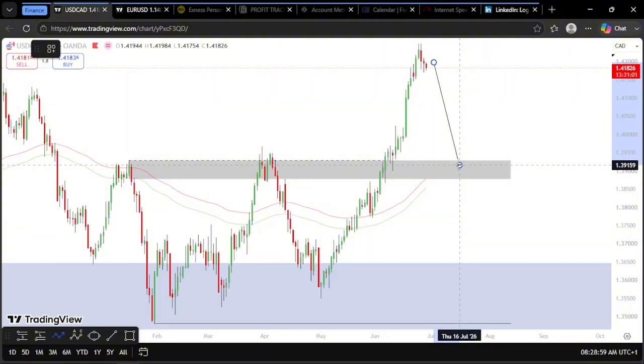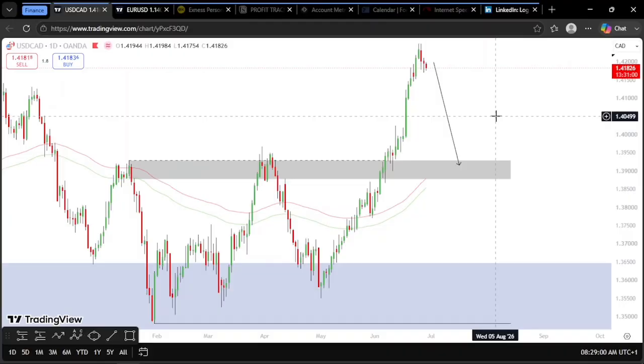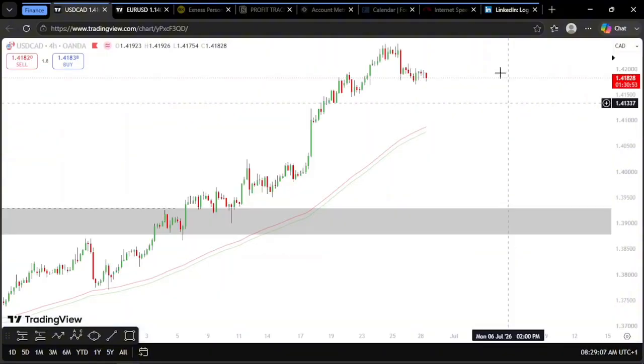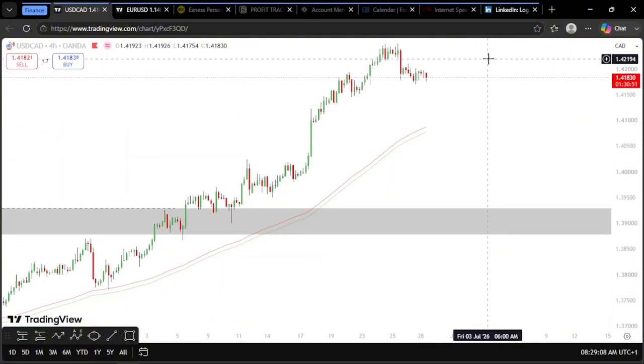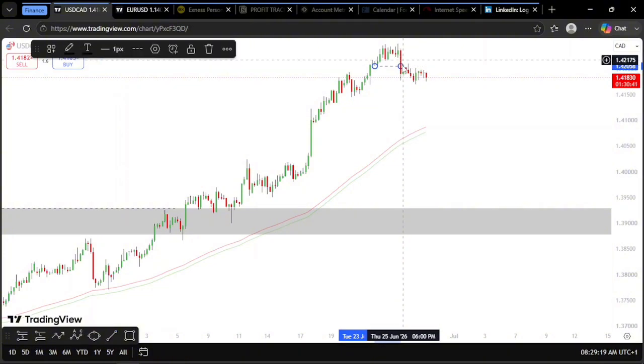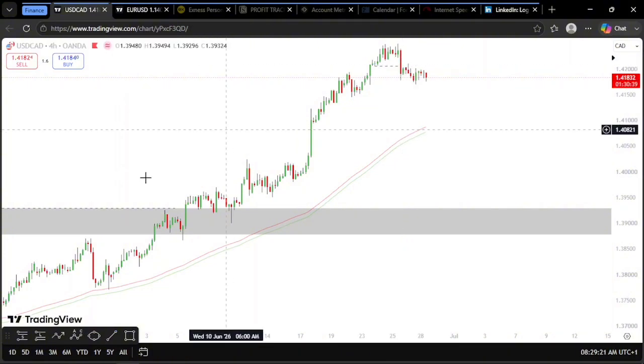So for us to take advantage of this move, we are going to look into the 4-hour time frame. As you can see over here on the 4-hour time frame, there's already a change of structure, since we had this break here.